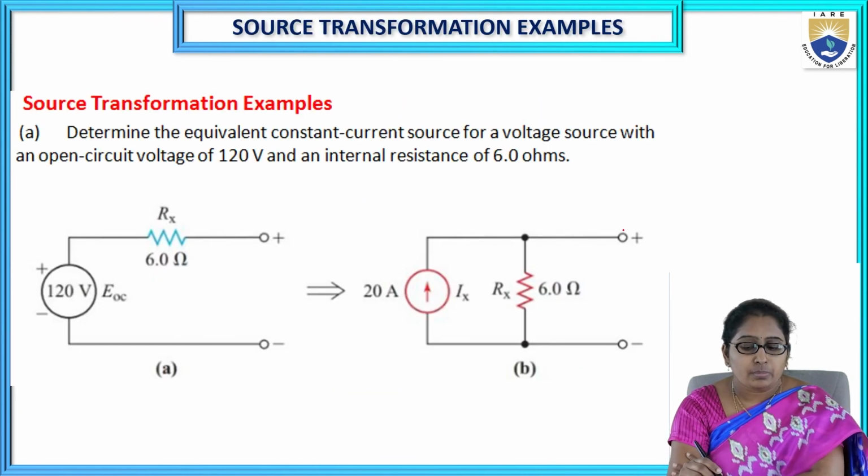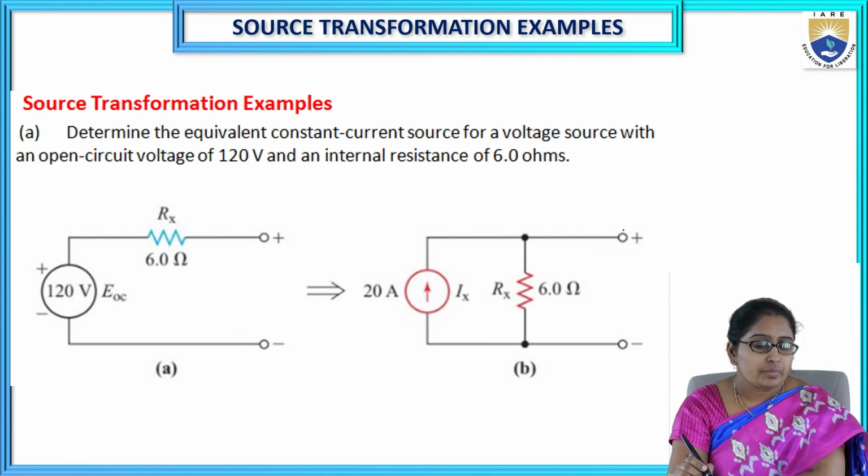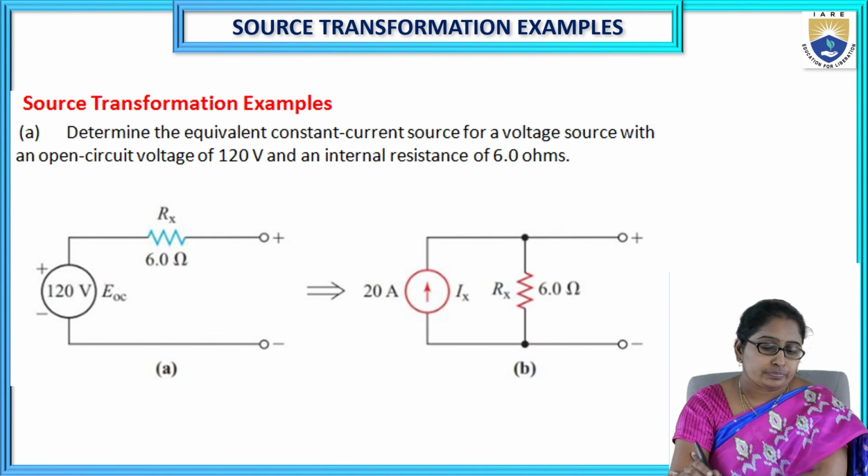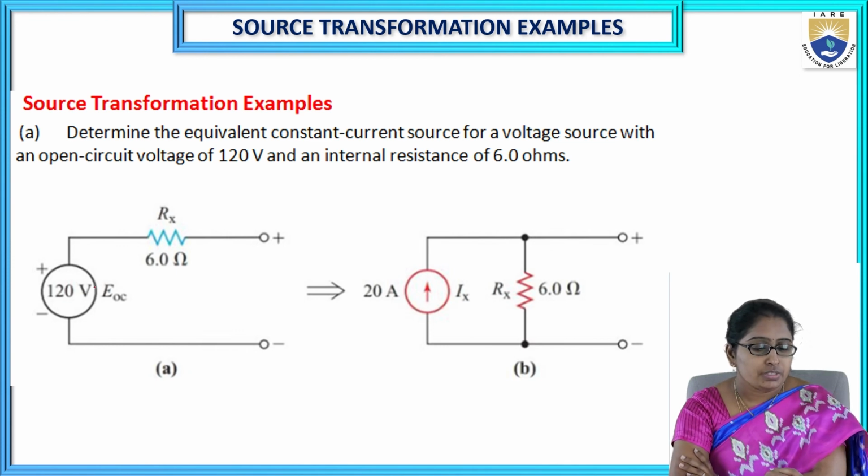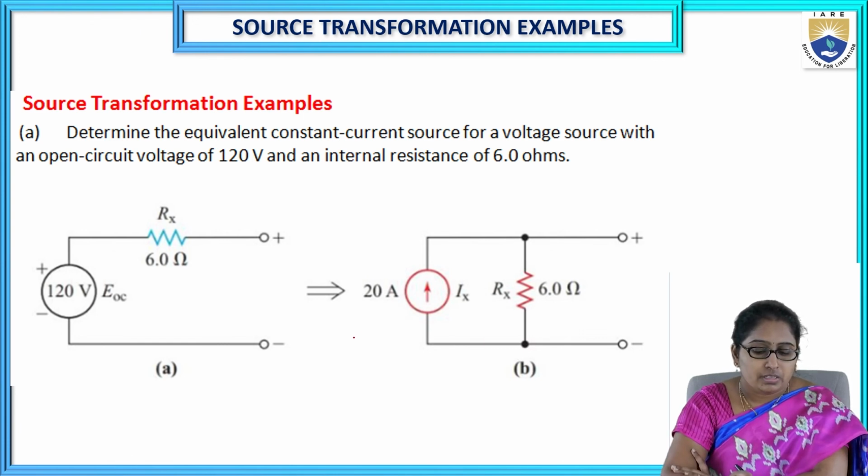A small example is shown for understanding here. Determine the equivalent constant current source for a voltage source with an open circuit voltage of 120 volts and an internal resistance of 6 ohms.